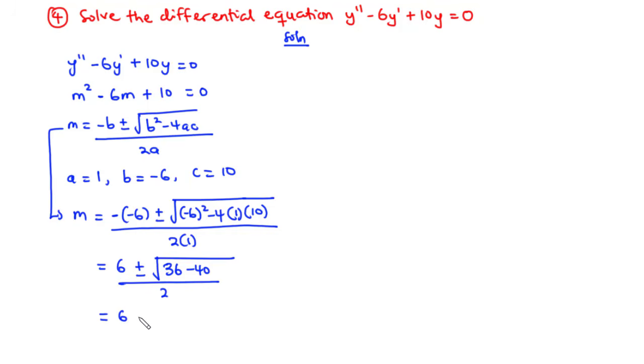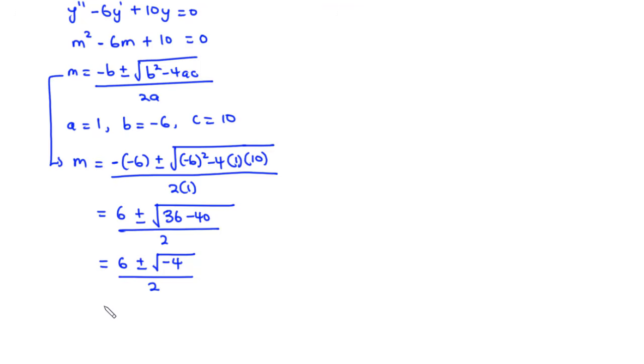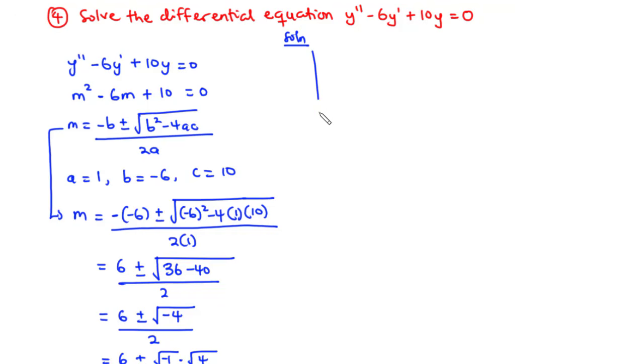So this becomes 6 plus or minus the square root of 36 minus 40, divided by 2. So this becomes 6 plus or minus the square root of negative 4, divided by 2, and then we can express this as the square root of negative 1 times the square root of 4, divided by 2.